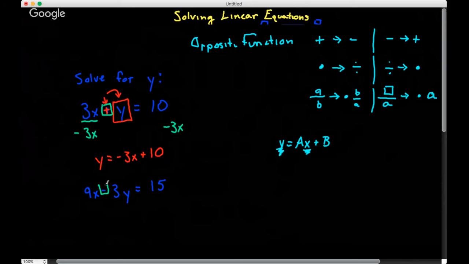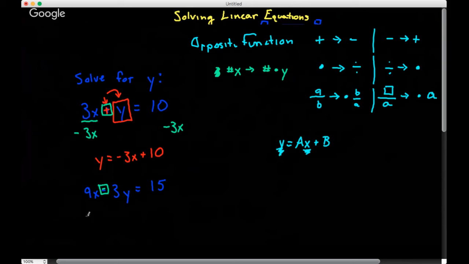So you have subtraction here that's associated with the y, and remember what I told you before, anytime you see a number right next to a variable, that is going to be the same thing as that number times that variable, okay?